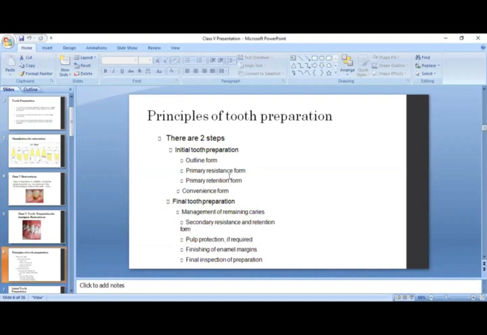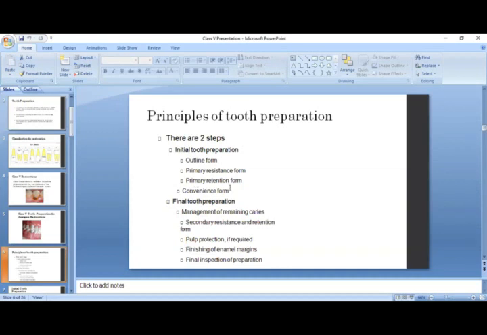Resistance form is the form of the cavity that resists against the fracture of the restoration, against the many opposing forces that affect the restoration, while the retention form produces resistance against the dislodgement or the pulling out of the restorative material or filling material from the cavity. So this is the difference.